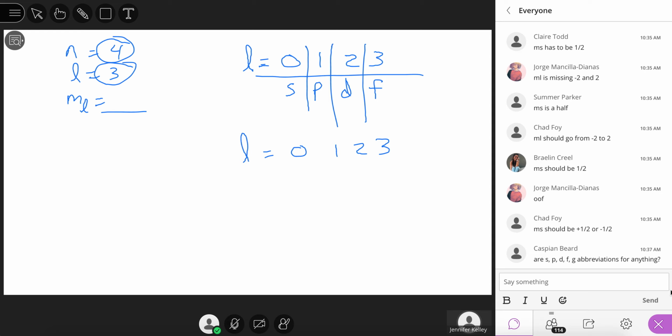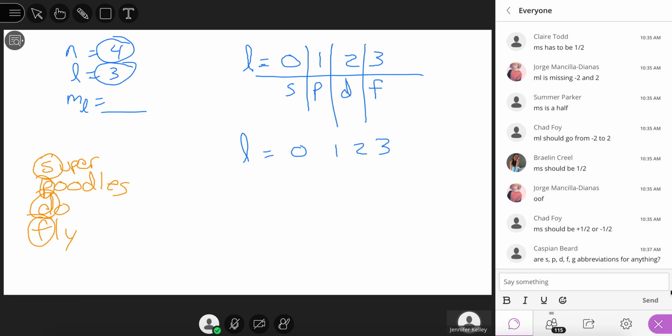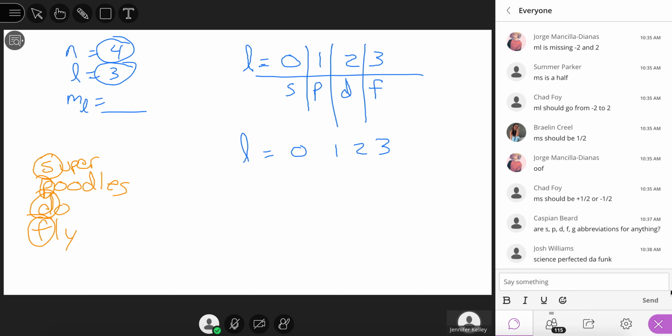This was actually given to me by a student who made it up one day in class. This is a saying that she came up with: Super poodles do fly. So S, P, D, and F. And of course, you could change that to super poodles don't fly if you like that too.